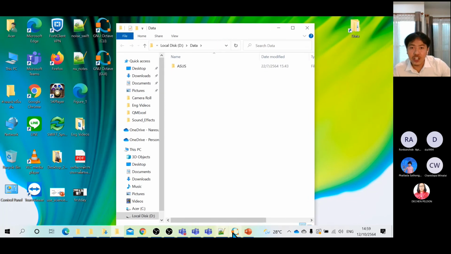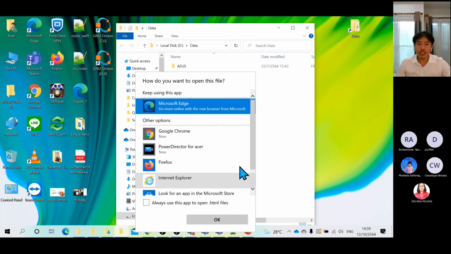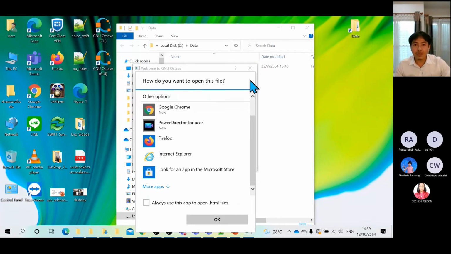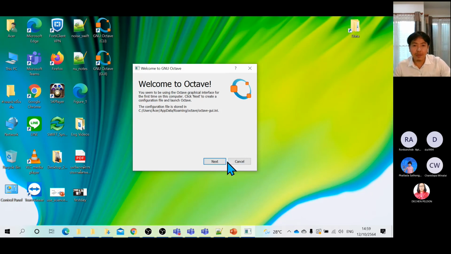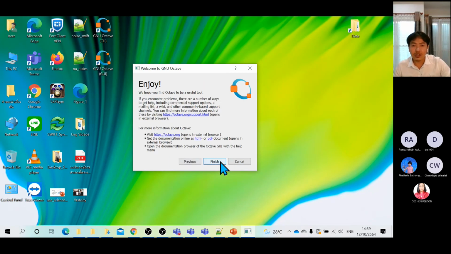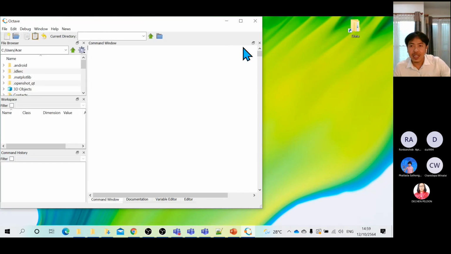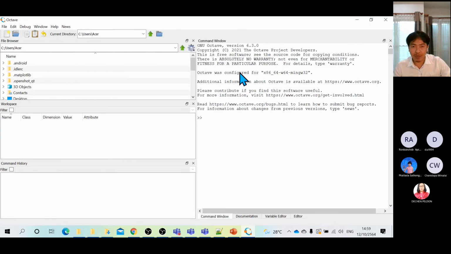I just installed Octave in the beginning of this lecture, and let's see. This is an Octave program. It's the same as MATLAB, more or less, most of the time.